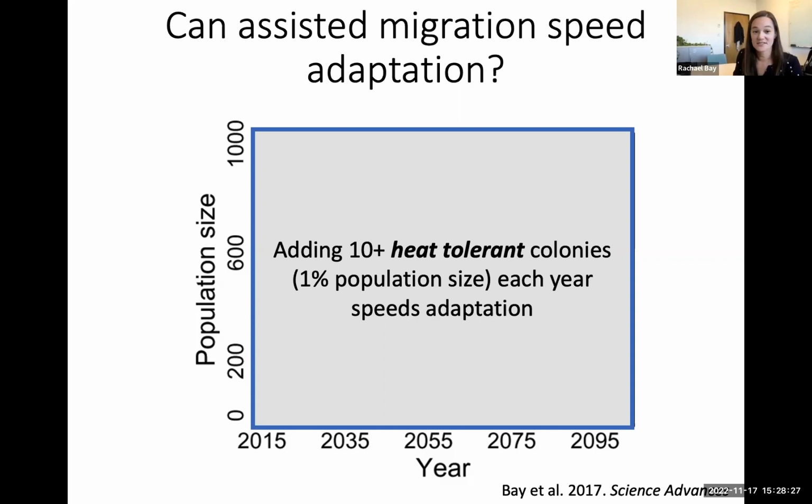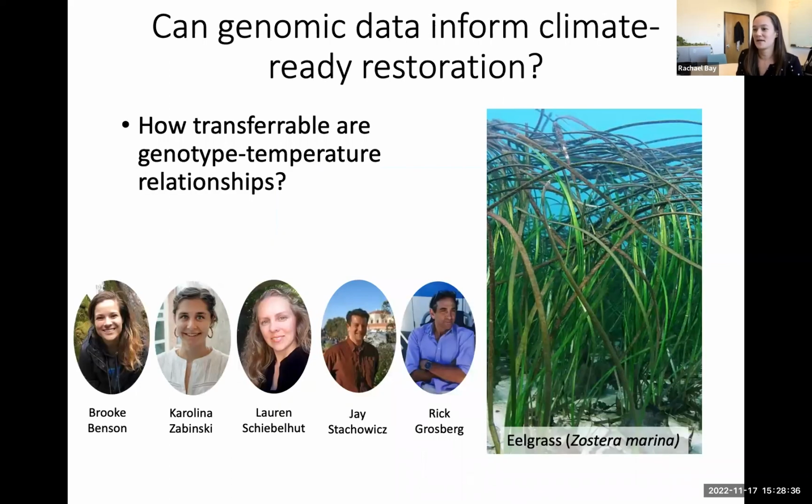But there are a lot of ecosystems that are being restored right now, and I think there are a lot of places where genomic data can inform those restoration efforts. So we're going to switch gears and talk about one of those. This is eelgrass, or Zostera marina. It's a really common foundation species pretty much globally, and it's a really commonly restored species.